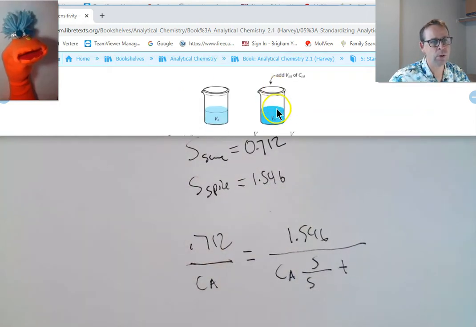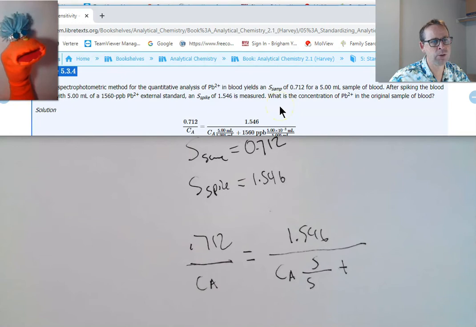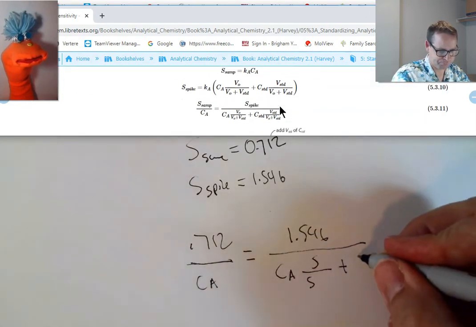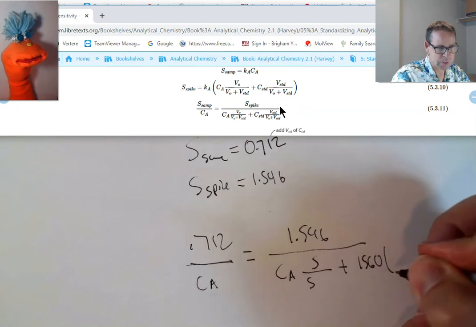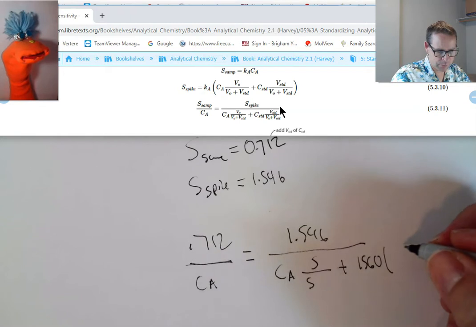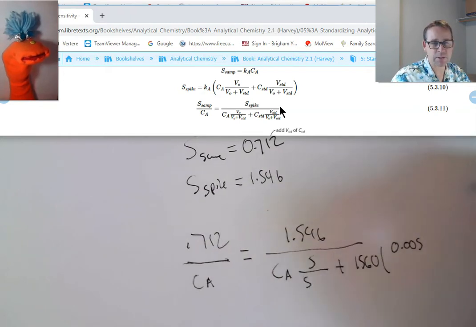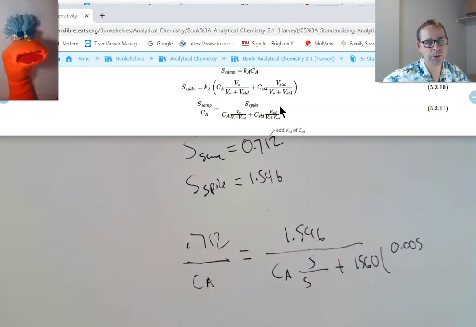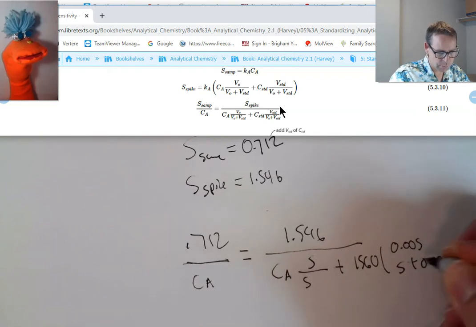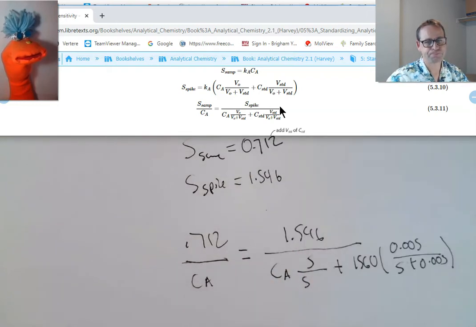What was the standard? 1560, times the volume of the standard, 0.005, that's in milliliters, 5 microliters. And then the volume initial was 5, and then we put our 0.005 down there.